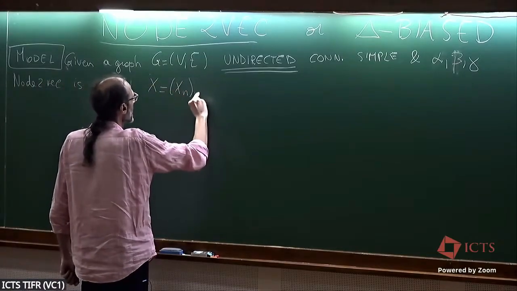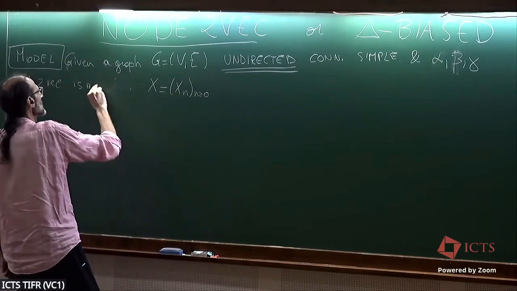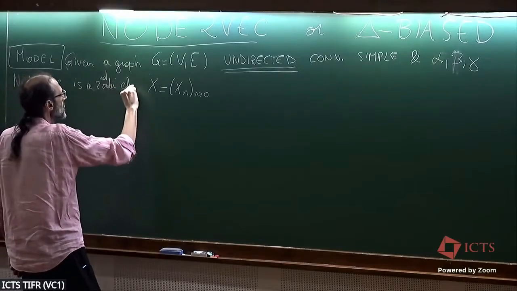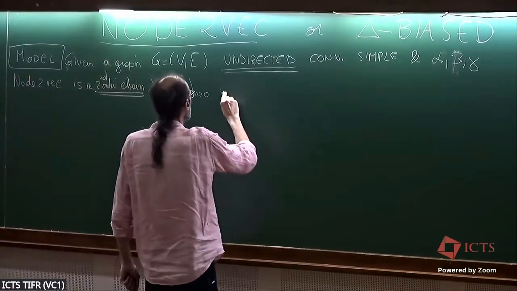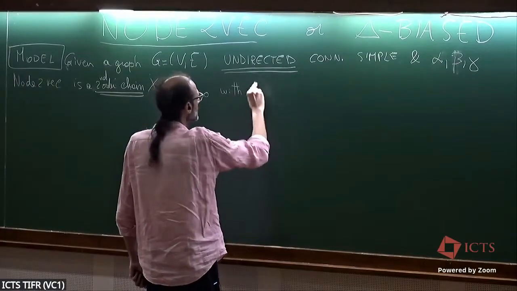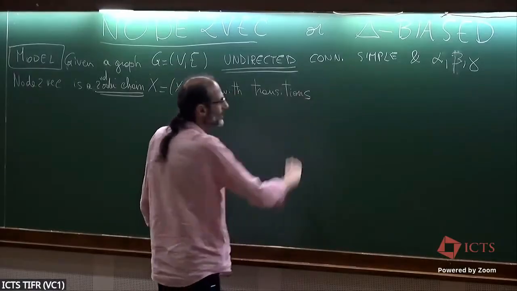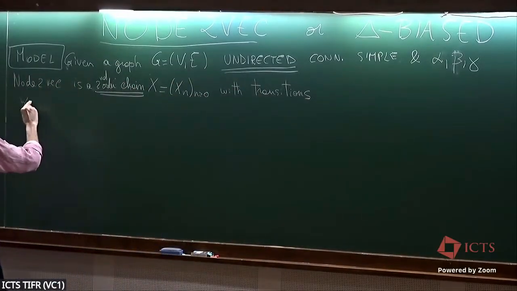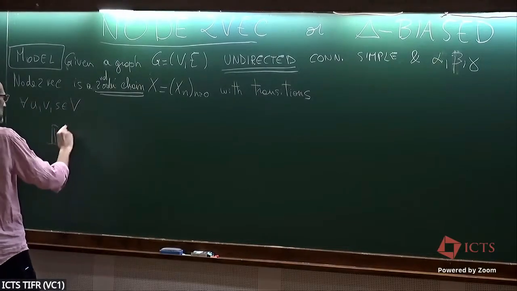Discrete time, it is actually a second order chain X with the following transition. Let me write down the transition for every u, v, s.